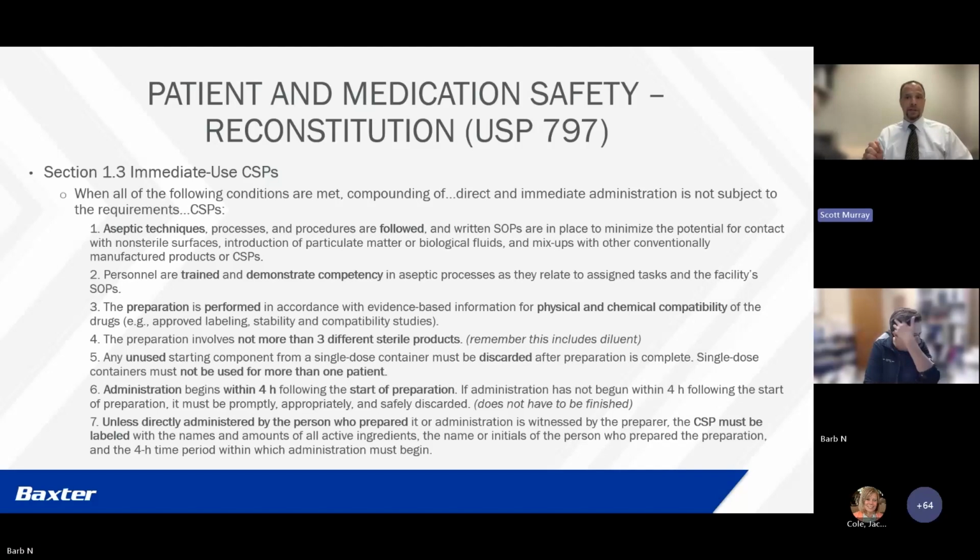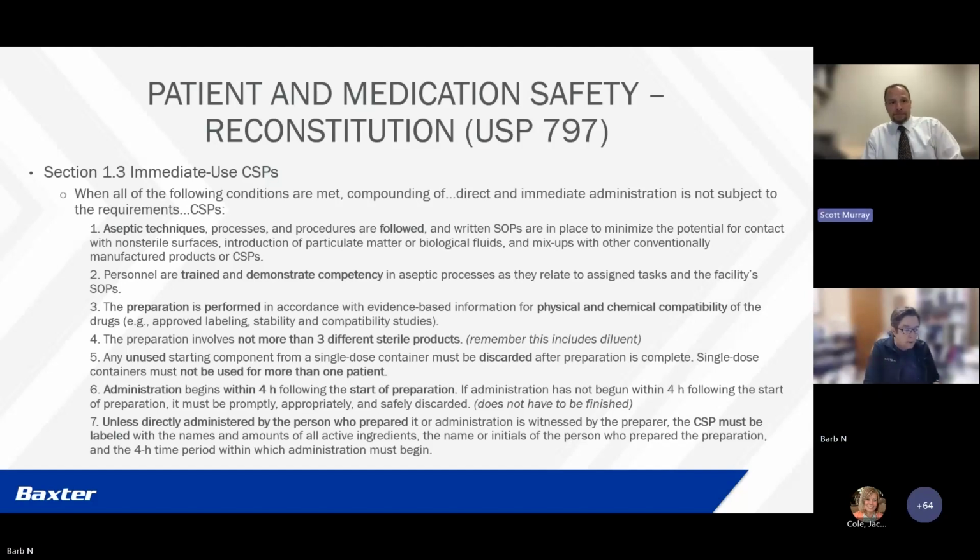It's just that it started within those 4 hours from the preparation time, excuse me. And if you're not the person that made it and you're administering it, there needs to be labeling on there that includes the drug and when it was made and what volume it's in and so on. So the labeling on there.